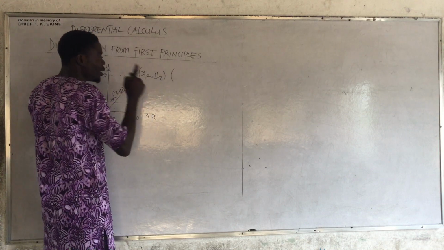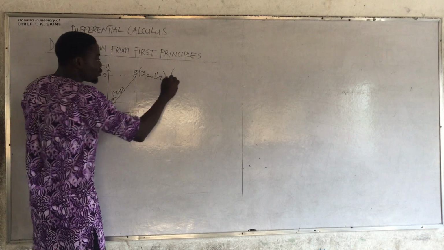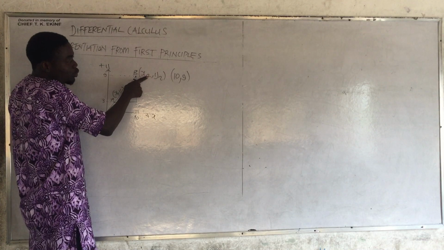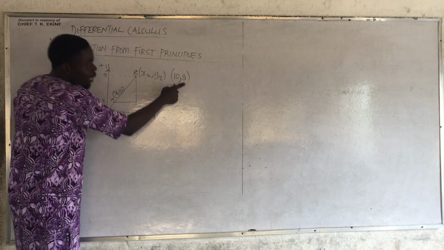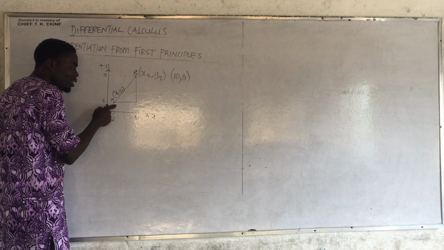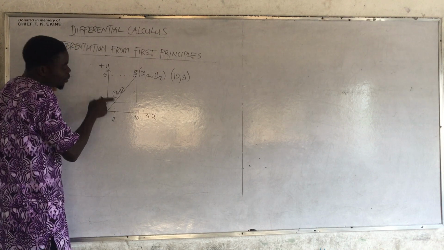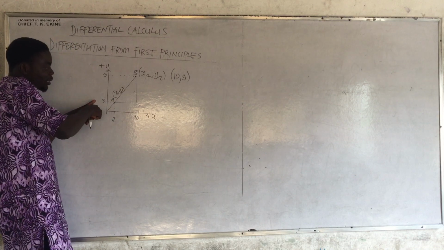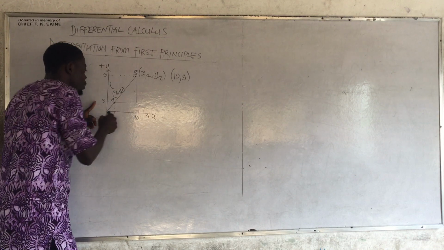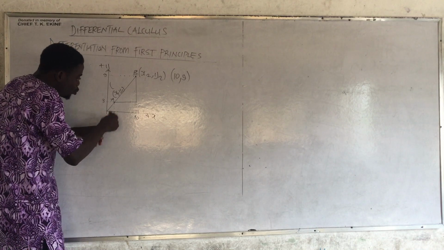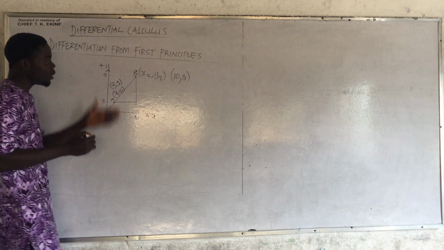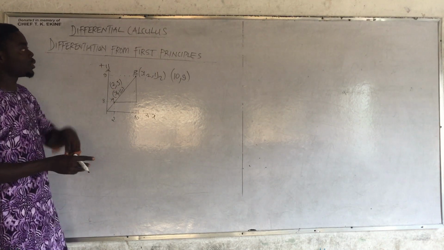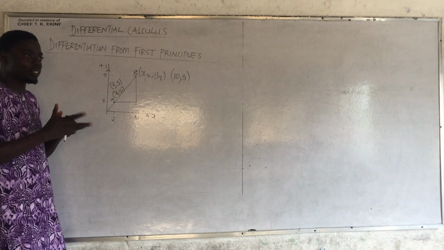So you have x first: x2 is 10, y2 is 9. Then the coordinates at point A will be x1, y1. In other words, when x is 2, y is 3, so you have 2, 3. These are the coordinates. But for you to differentiate from first principle, you must understand how this coordinate changes.